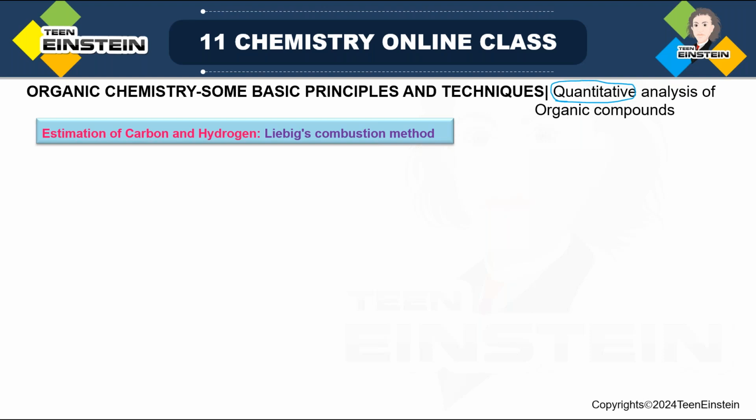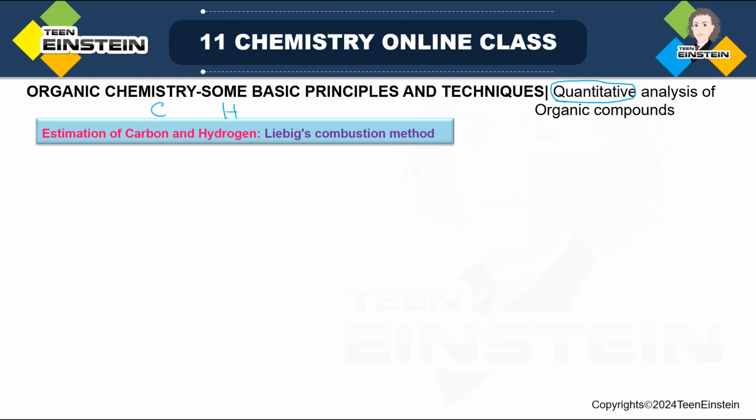The first method we are going to discuss is the estimation of carbon and hydrogen together, and that is done by Liebig's combustion method. Remember the qualitative test for carbon and hydrogen, where we used a hard glass test tube, inside of which you take the organic compound plus copper oxide, CuO, and heat it strongly. There is generation of water and CO2.